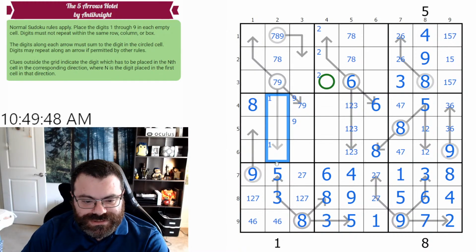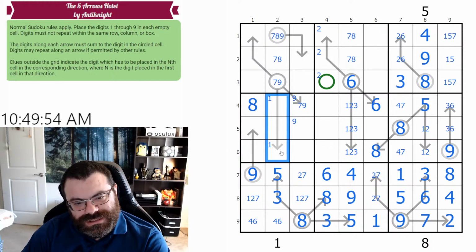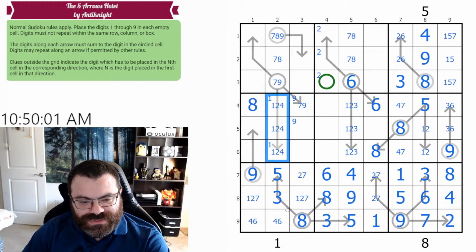How about this sum here? Let's see here. Well, it's 1, 2, 4, or 6, right? Yeah, so this is 1, 2, 4 for 7, or 1, 2, 6 for 9. We don't know which.